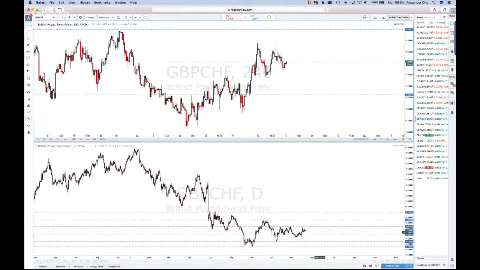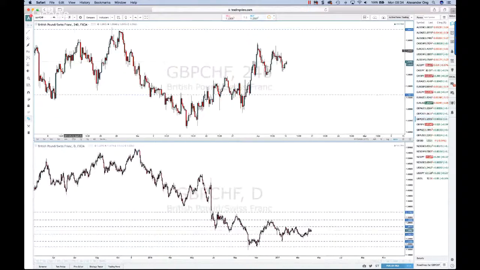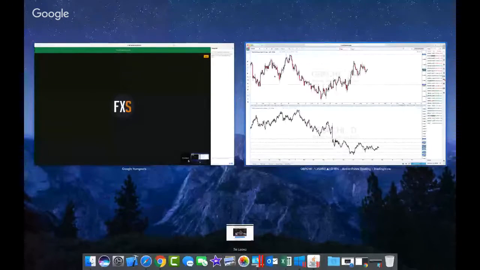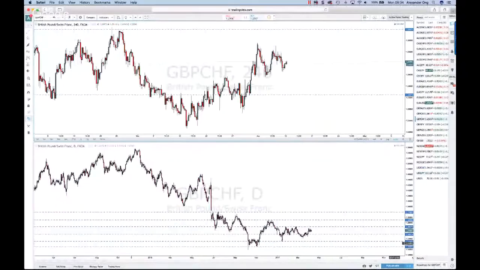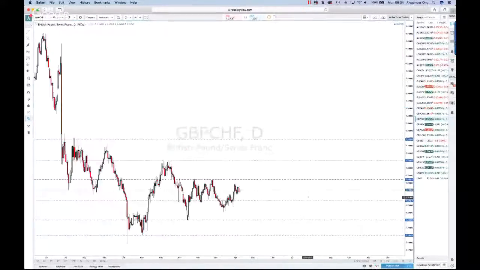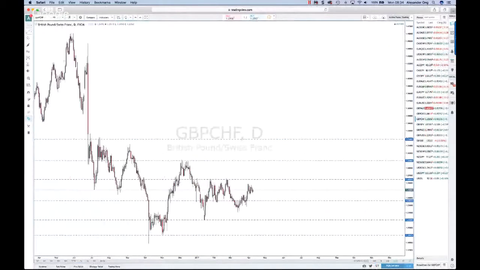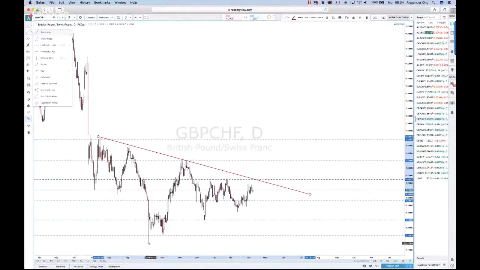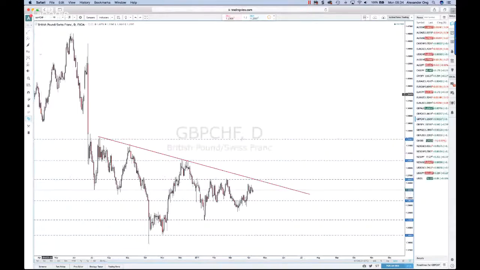Pound franc, we've got a bit of a triangle forming here on the dailies. Take a look. It's kind of aligned with our fundamental view in that it could go either way at the moment.